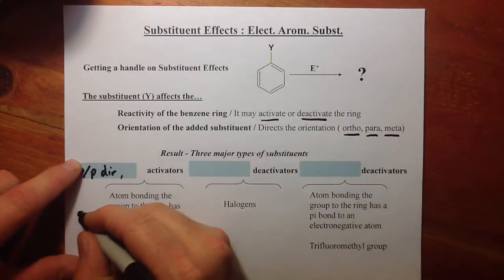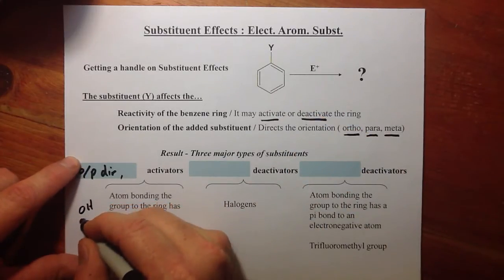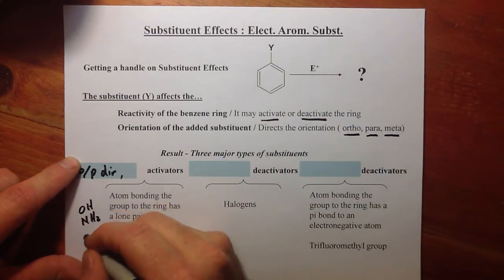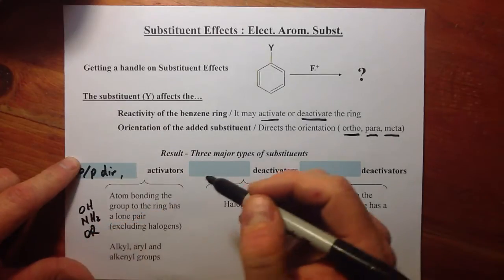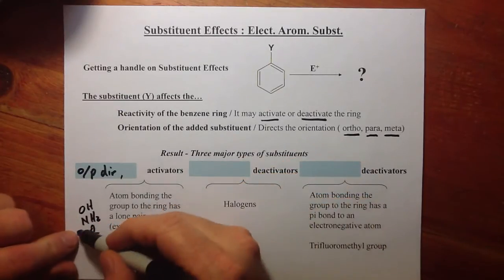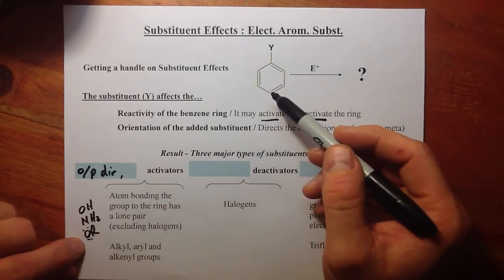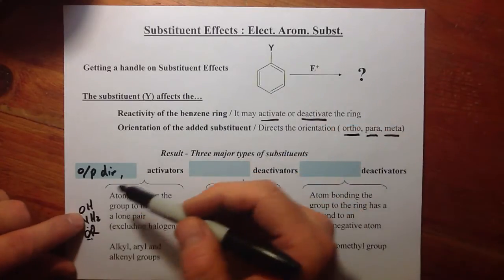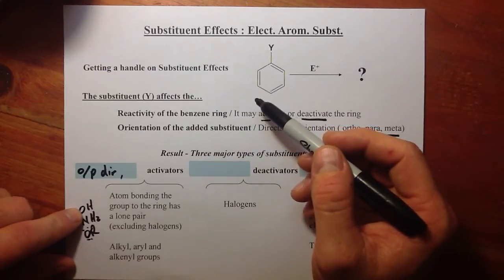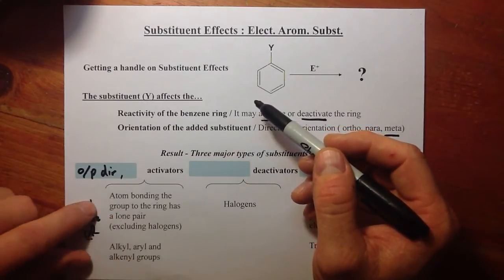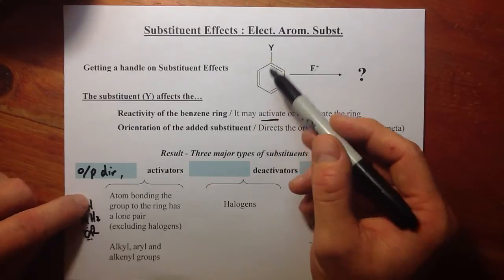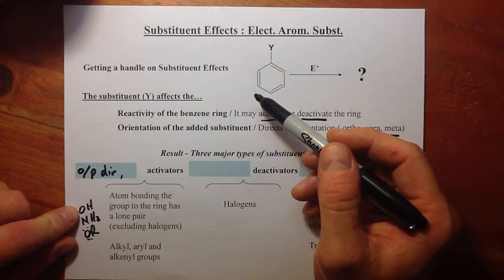So the examples would be hydroxides, amines, methoxy groups. The oxygen, the nitrogen, and the oxygen connecting the OH to the ring have a lone pair.